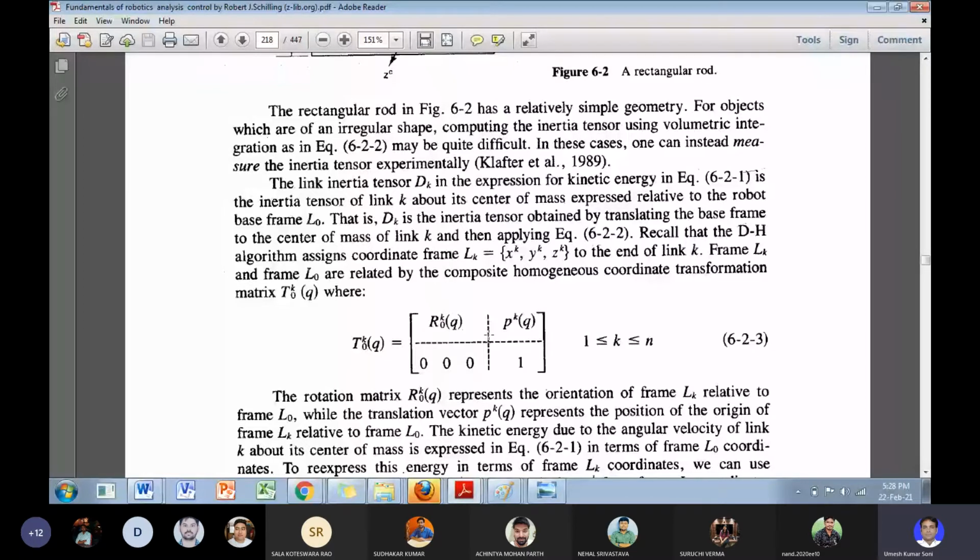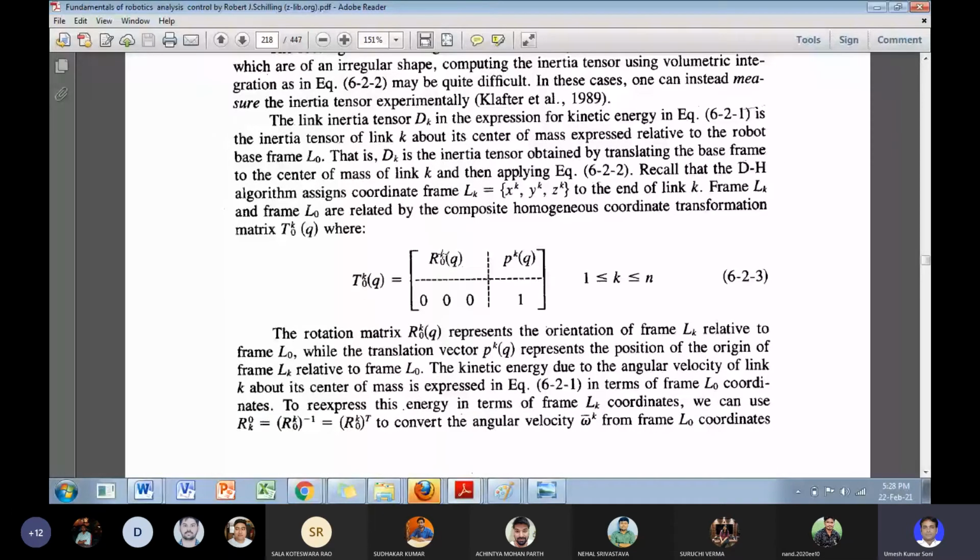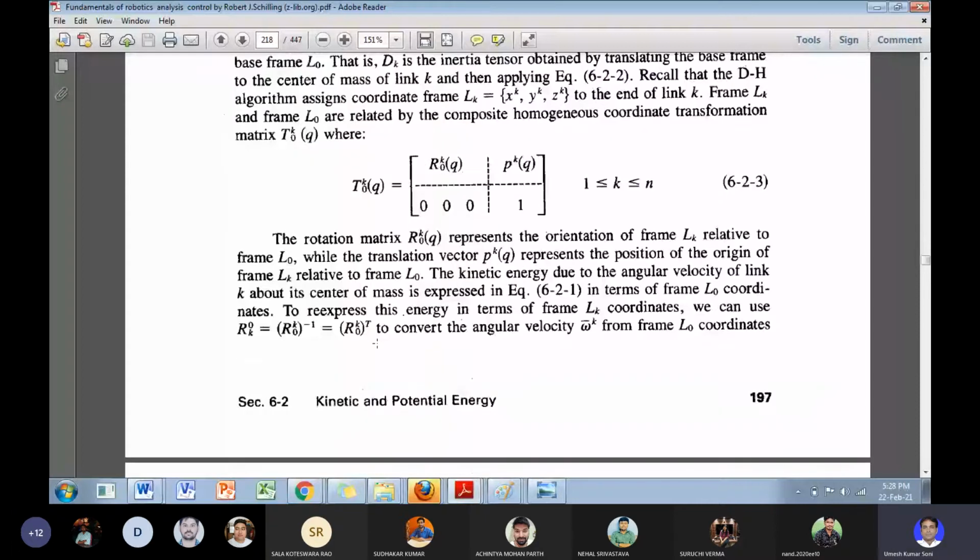So this is defined already as you know previously, the rotation matrix, that is the orientation matrix with respect to the base, and this is the position vector with respect to the base. And here also you know that the transpose of this matrix determines R 0 to k, the base frame with respect to the homogeneous transformation.